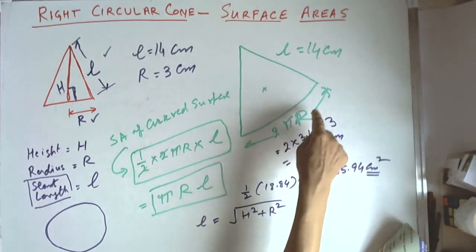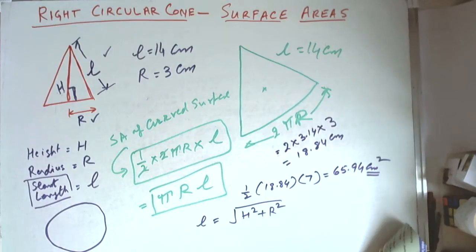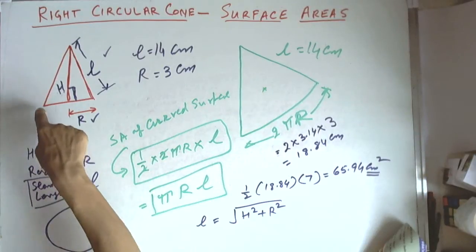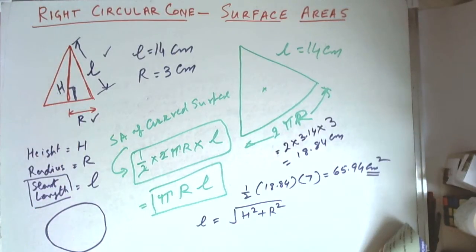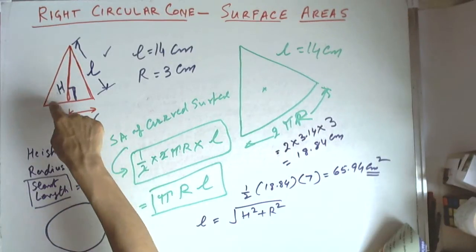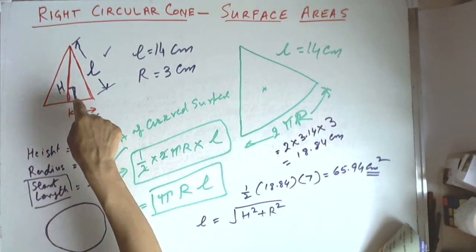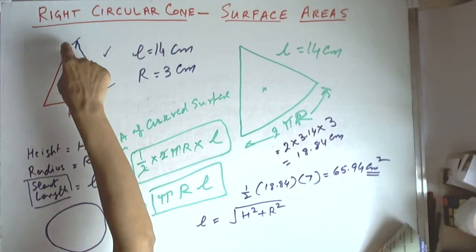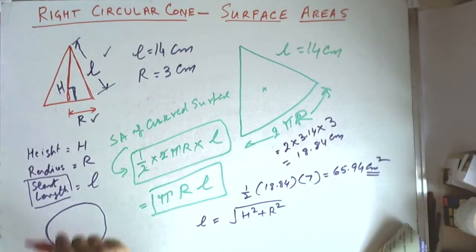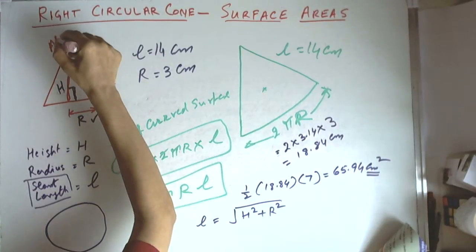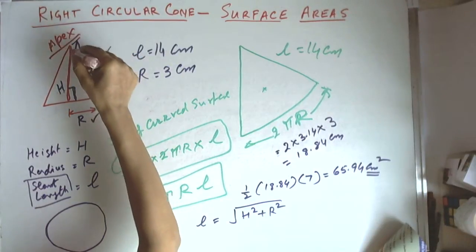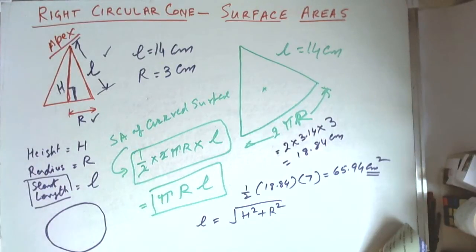And the area of the base is equal to pi r square, because this is the circle here. So basically what we have learned in this video is what a right circular cone is, and why it is called right circular: because the base is circular in shape and the vertical angle from the apex, the top point, also called the apex of the cone, on the base is a right angle.